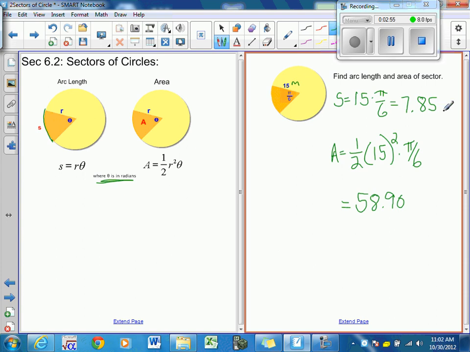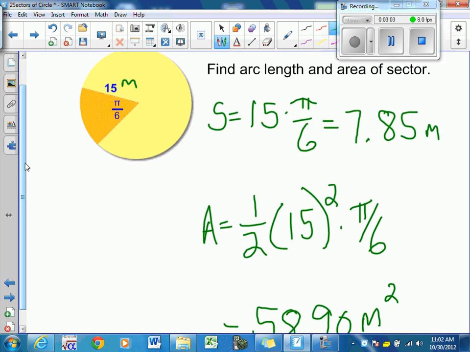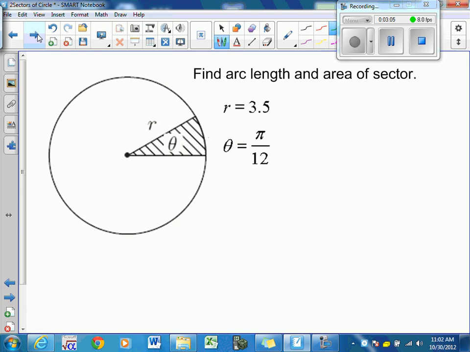Now, let's go the other way. Find the arc length and area of the sector if R is 3.5 and theta is pi over 12. So our S is just R times theta. And our area is 1/2 R squared times theta.